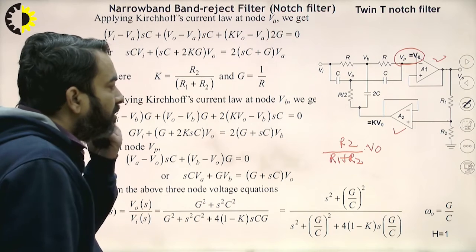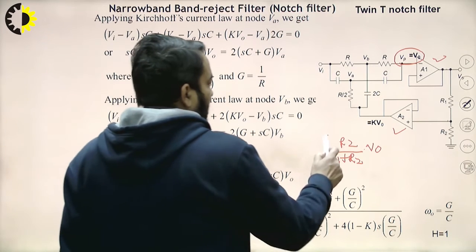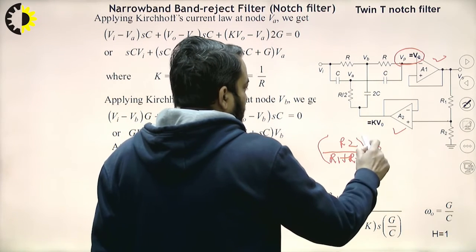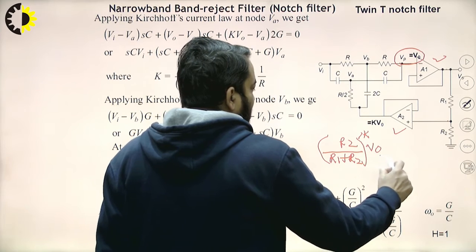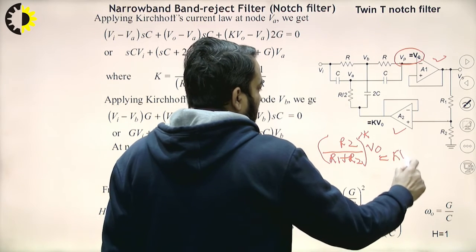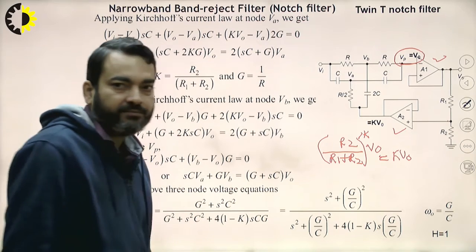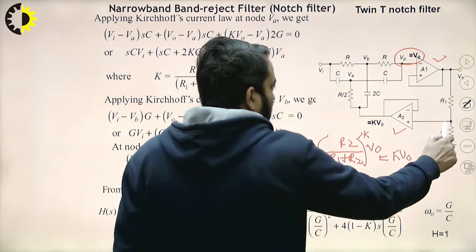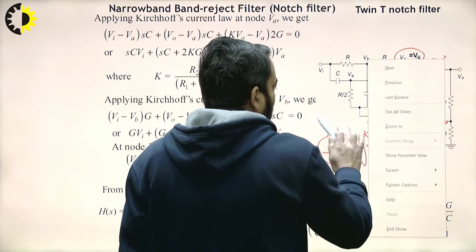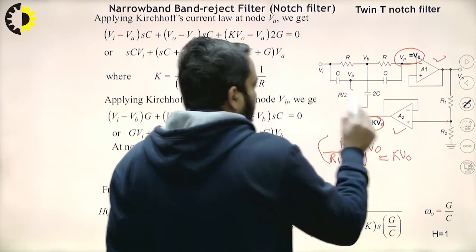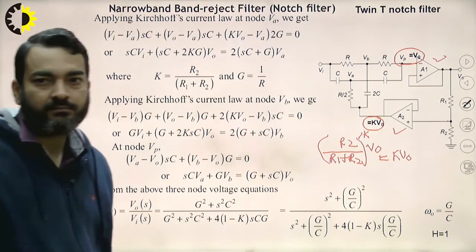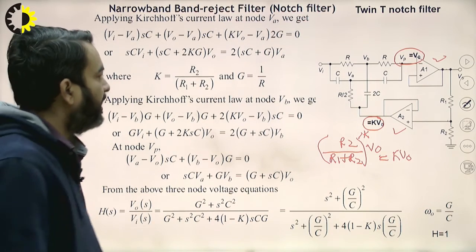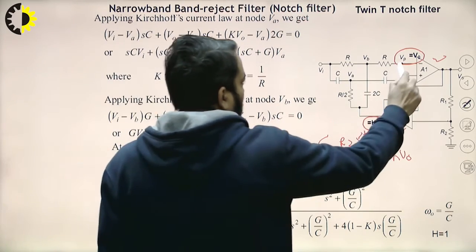Here we have defined this factor as K, so this can be written as KV0. Again, because of buffering, the same voltage will be available at this point. So now we have an idea of this voltage.